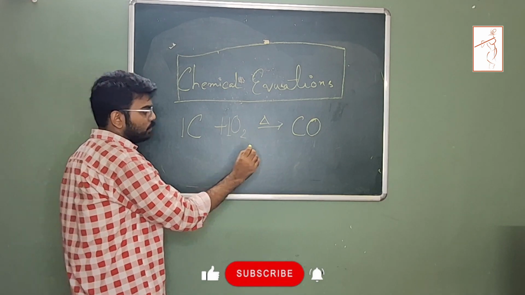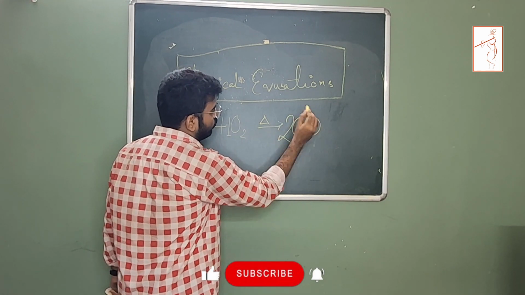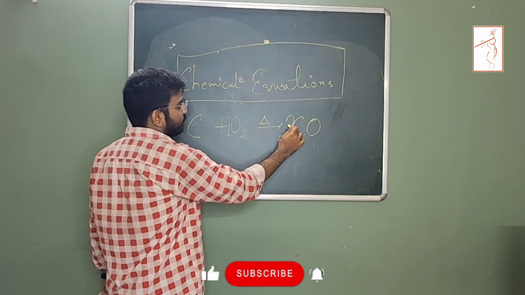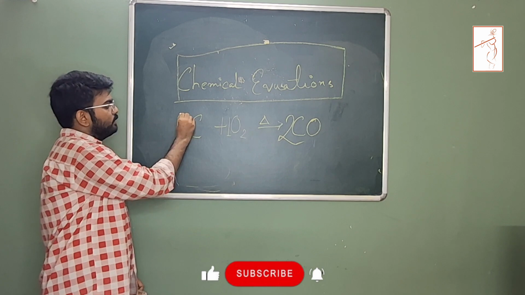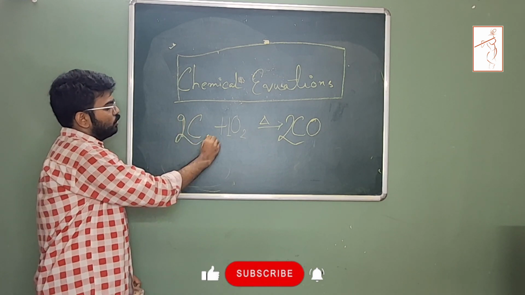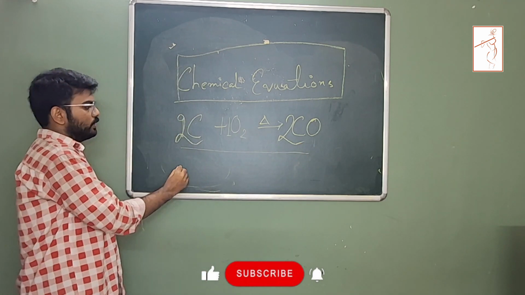So what can we do? For 2 oxygens, here we write 2. But now there are 2 carbons, and here is 1 carbon. For balancing it, we write 2 carbons. Now that is a balanced equation.